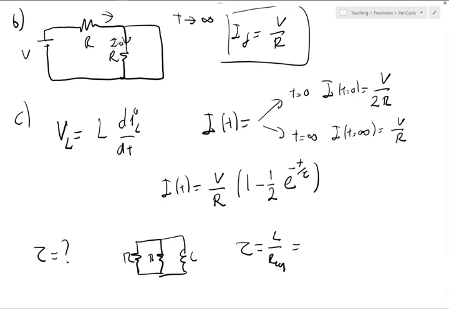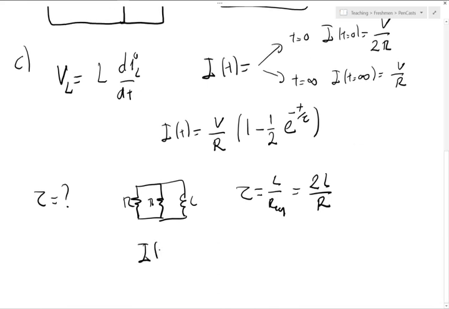R equivalent would be here R over 2, so it's going to be 2L over R. So the current on the inductor as a function of time will be V over R, 1 minus 1/2 e to the minus t divided by 2L over R.